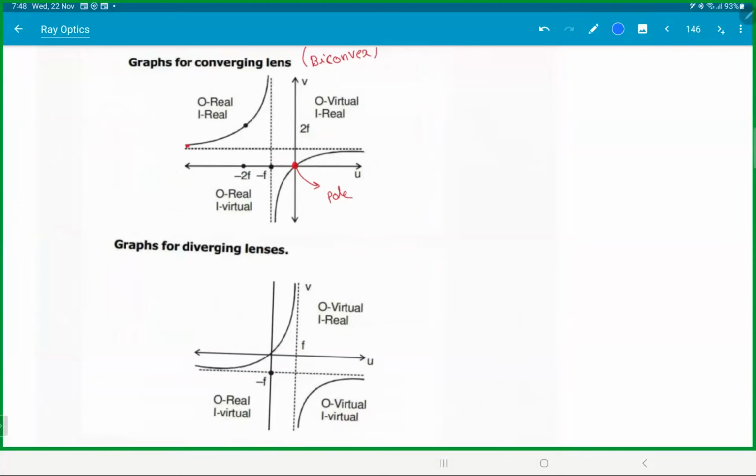Same thing. So object is at infinity. The image will try to form at the focus here. As you get closer to this pole, the image will go to this thing at focus infinity. This is the pole here, red point.